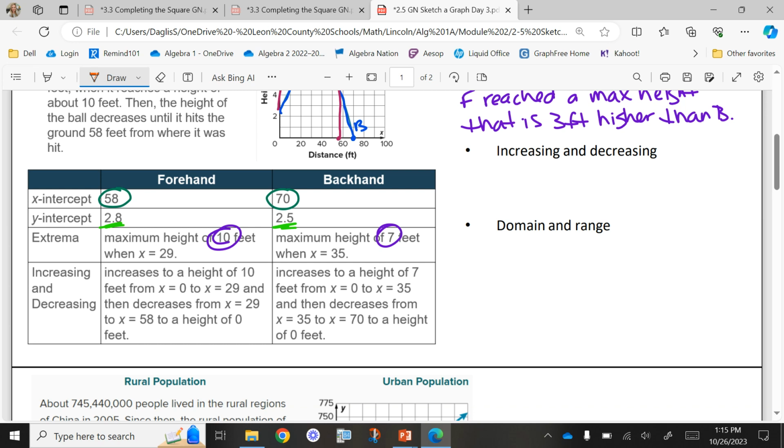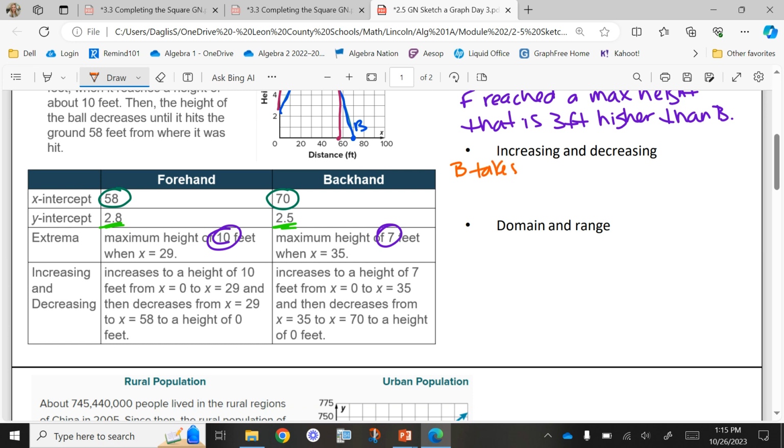Does that make sense? Because it looks like my forehand took 29 seconds before it turned. My backhand took 35 seconds before it turned. Would that make sense? Okay. And I think the same coming down. It's also going to take longer for it to decrease. So let's say backhand takes, we can't just say takes longer.